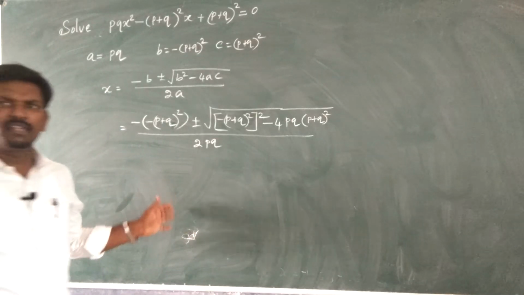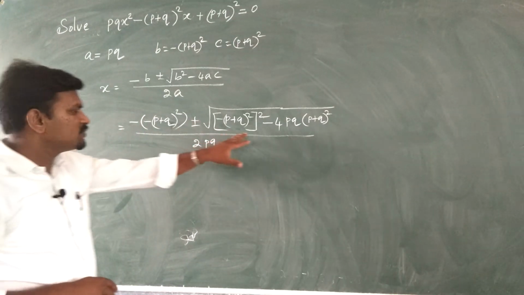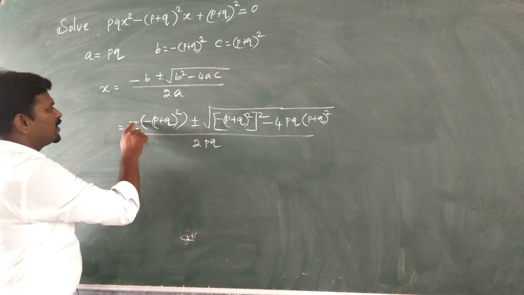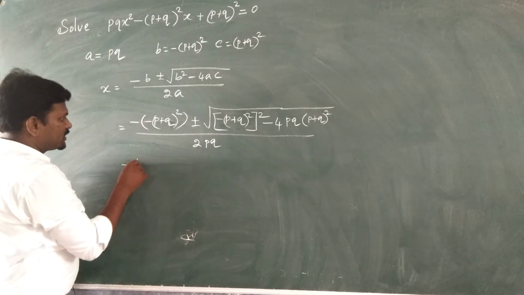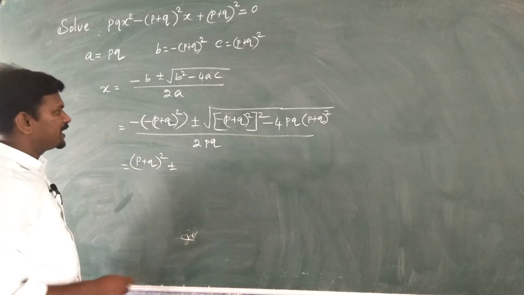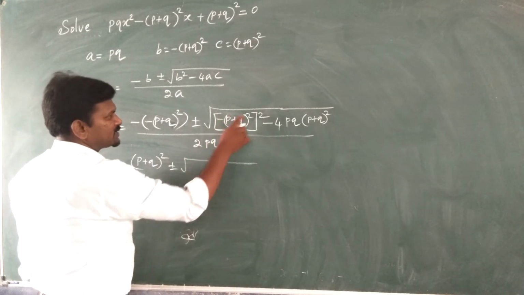Just what we have done here is substitute the values of the variables a, b, c in the formula. Now minus minus plus, so (p plus q) whole square plus or minus square root of this.